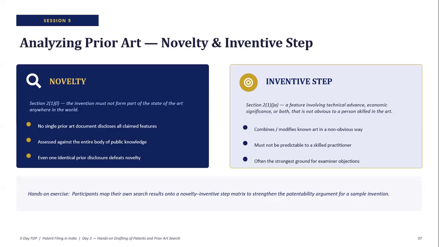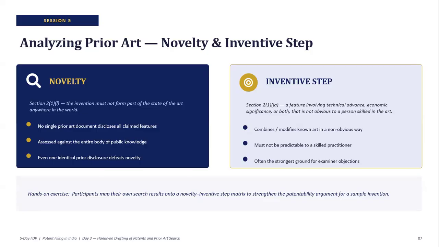An important point is that a single prior art disclosure can be highly significant. If one prior art document discloses all the features of the claimed invention, the novelty of the claim may be defeated. Therefore, during a novelty analysis, participants should carefully map each claim feature against the relevant prior art disclosure.